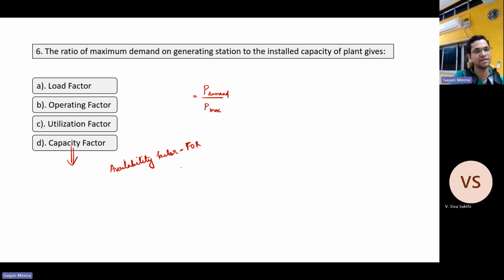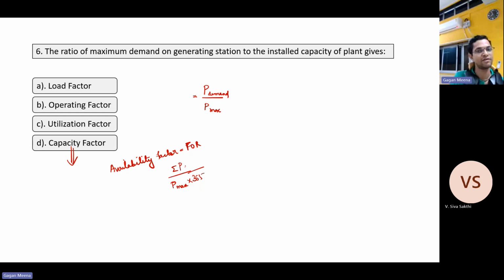We can say in 1 year, the sum of power generated divided by the installed capacity into the number of hours. If this is the average power for each day, then you can write it like this.